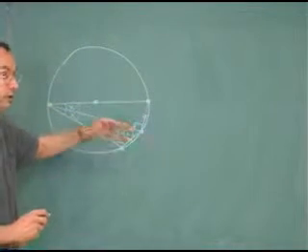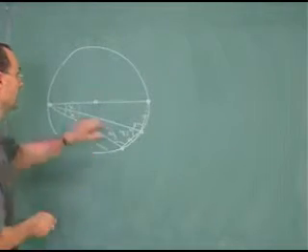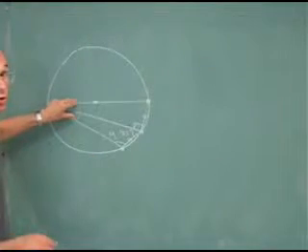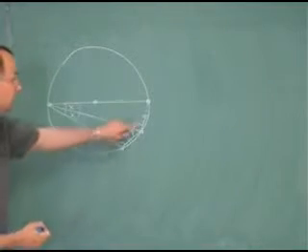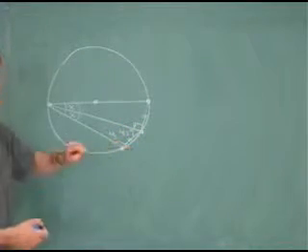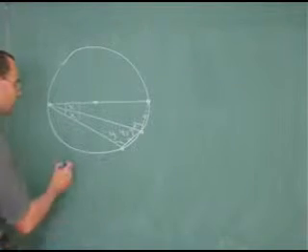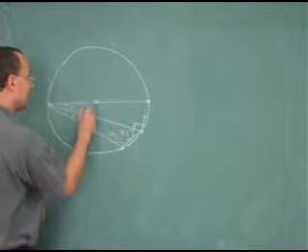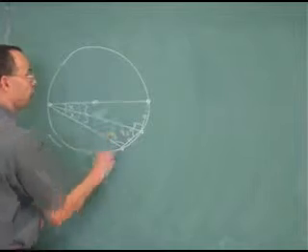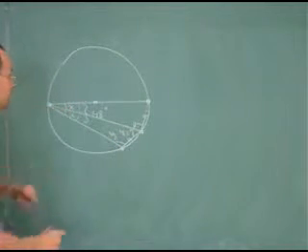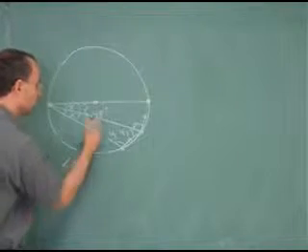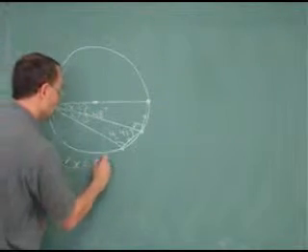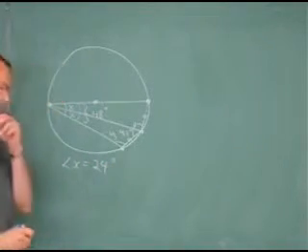Those two together is 132, and that's got to be supplementary to the two of these. So we go 180 minus 132 leaves us with 48. So together, these are 48 degrees, which means angle x, since these are both equal, angle x must be 48 divided by 2, or 24 degrees.